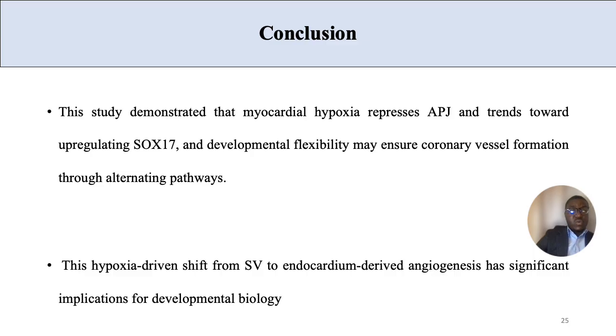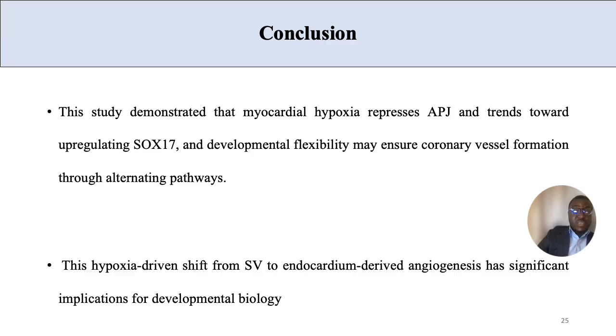So, to conclude our study, the central hypothesis was that myocardial hypoxia regulates the balance between the sinus venosus and the endocardial derived coronary angiogenesis through differential expression of APJ and SOX17, and the results support our hypothesis.